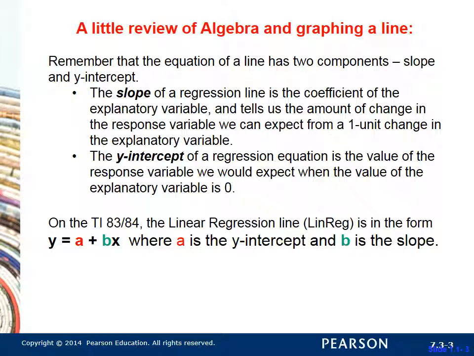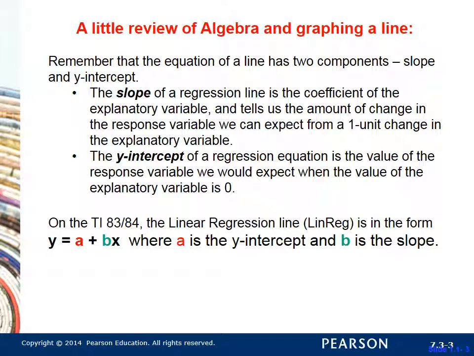The slope is the rise over the run. If it goes up and over, you have a positive slope, which we're talking is a positive correlation. If it goes down and right, it's a negative slope or a negative correlation. On our TI 83/84, the linear regression line, LinReg, is in the form y equals a plus bx.